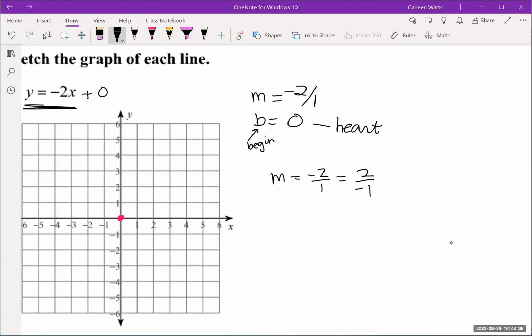If there's one negative, it could be on the top or the bottom. So I'm going to do both. I'm going to start with this one. Rise over run. From the heart, go up 2/1, up 2/1, up 2/1. And I have a really hard time drawing straight lines with this.